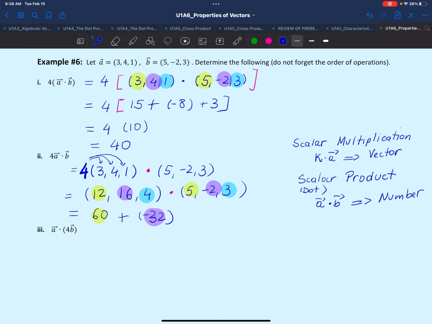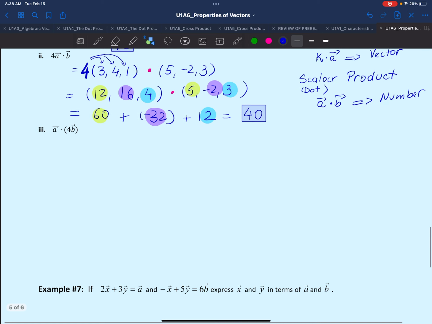And last, we have 4 times 3, which is 12. So add them all together, negative 32 plus 12 would be negative 20, add 60, the answer is 40. So far we're happy with the results. As predicted, we said that the answer should be the same, and so far we got the same answer.